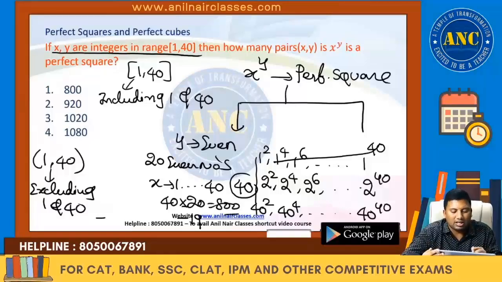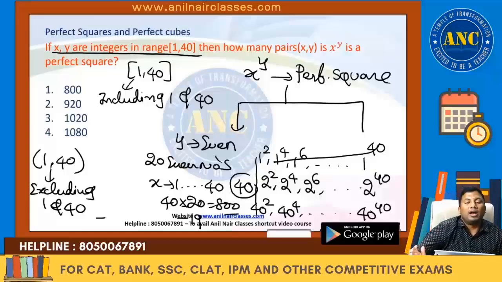He is not asking you the distinct values for x to the power y, because how many pairs? 1 square is 1 pair, 1 power 4 is another pair, 1 power 6 is another pair, 1 power 40 is another pair. You cannot just write that 1 power 4, 1 power 6 all give one value, because the question is how many pairs x comma y will take. So it is 800. I hope it is clear.